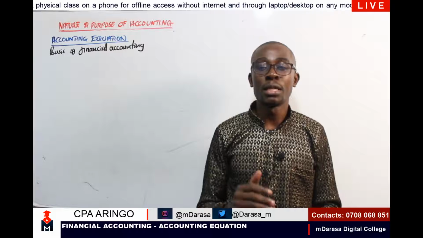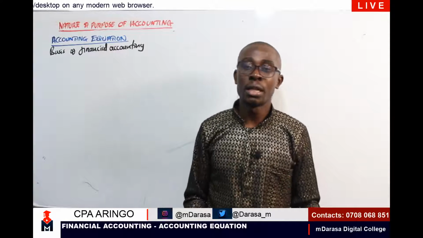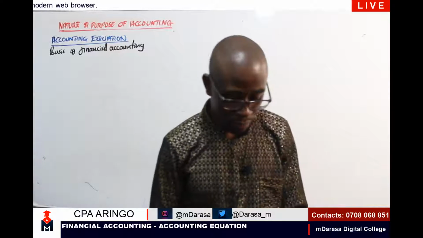Accounting is a process of identifying and recording, so you record these transactions in what is known as an account. The items recorded might either be increasing or decreasing over a period of time.